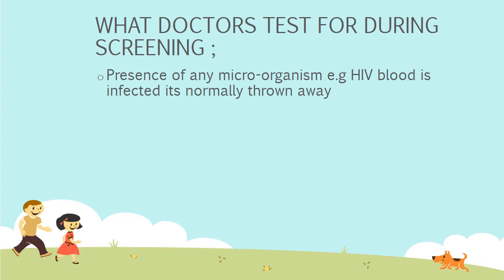Blood which is infected is normally thrown away, because when this HIV blood is transfused to another person, that person will end up with HIV, and that is not good. So screening is very important so that you can know if this blood has any microorganisms in it. That's why doctors usually screen the blood first so that they don't make any mistakes.